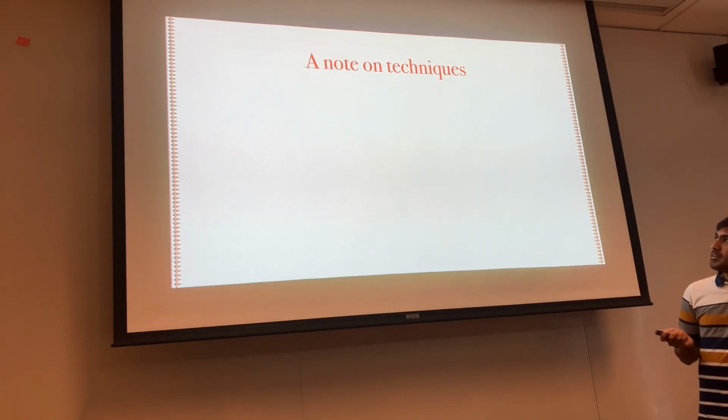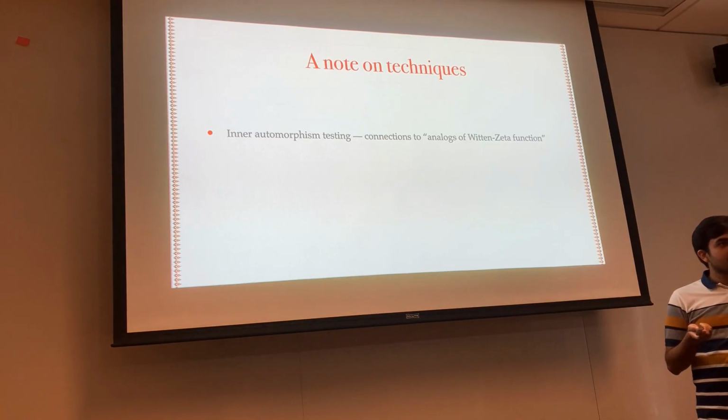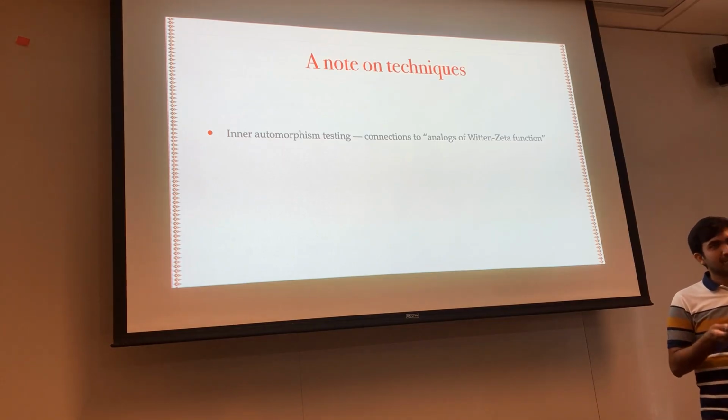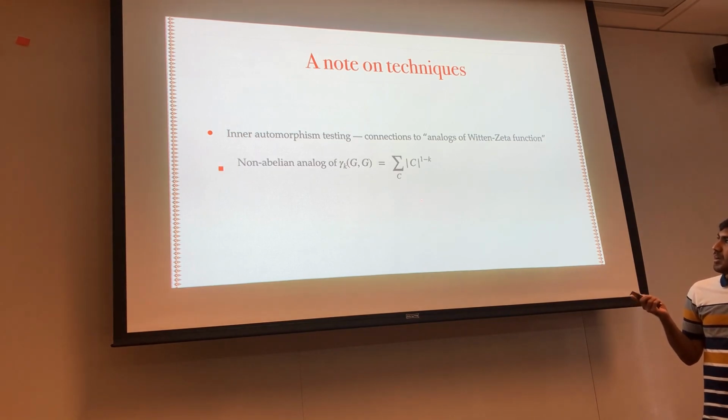Okay. And here something that I like is that this constant gamma has been studied in very few papers, but there are some papers. This constant that comes up is actually a very natural constant. It's the sum over all conjugacy classes of the size of the conjugacy class raised to 1 minus k.